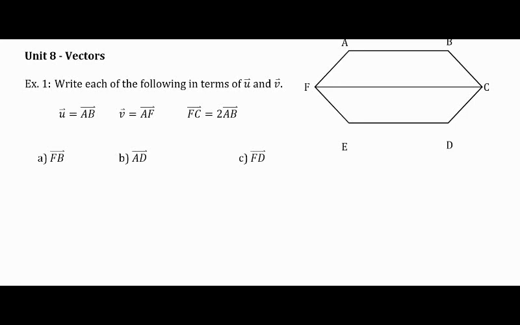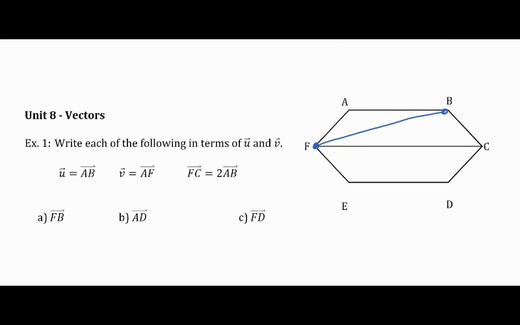All right, so FB is from here to here. Oh, and so I'm going to just do this. Vector u is AB, so here's vector u in that direction. And vector v is AF, so this is vector v here. And that might help me.